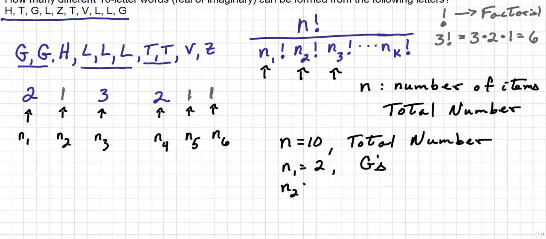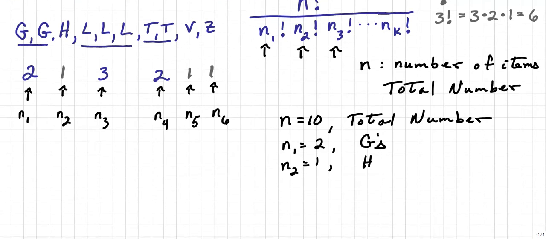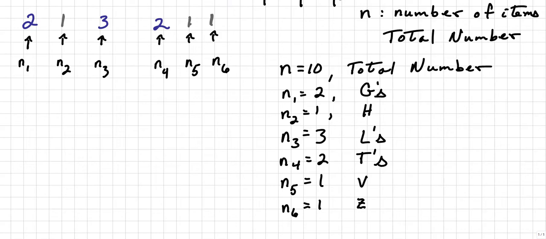N sub 2 is equal to 1, which is H. N sub 3 will be 3, which represents your number of L's. N sub 4 is 2, which represents the number of T's. N sub 5 is 1, which represents the number of V's. And N sub 6 is 1, which also represents the number of Z's in this case.